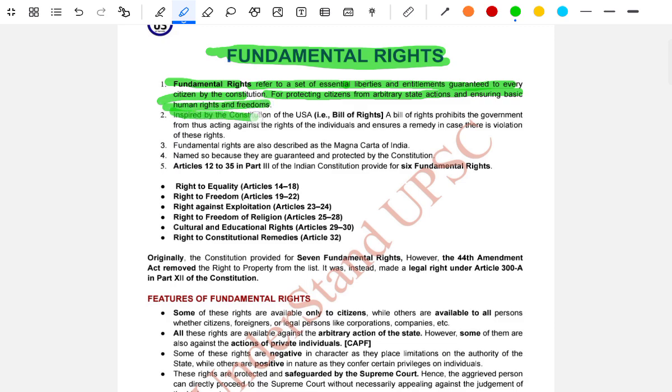Inspired by the Constitution of the USA, a Bill of Rights prohibits the government from the use of action against the rights of individuals and ensures a remedy in case there is a violation of these rights.